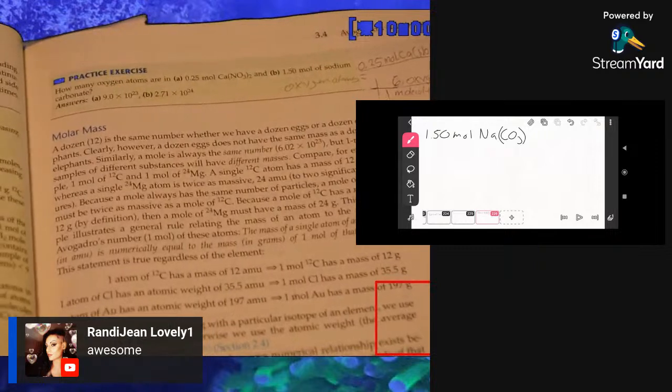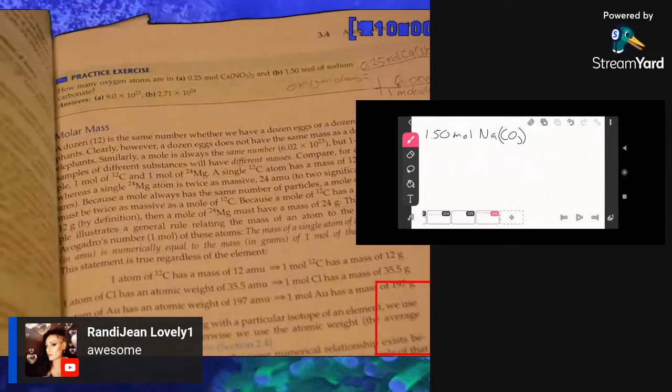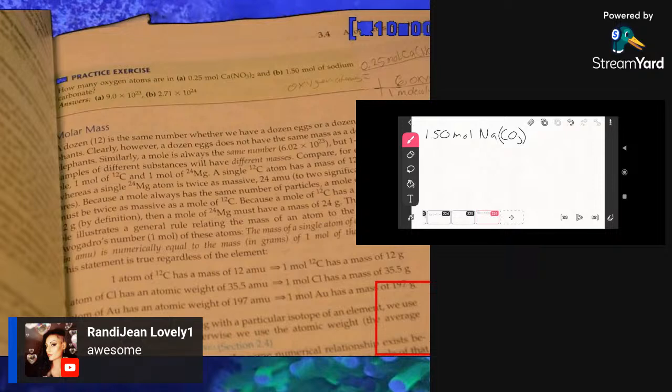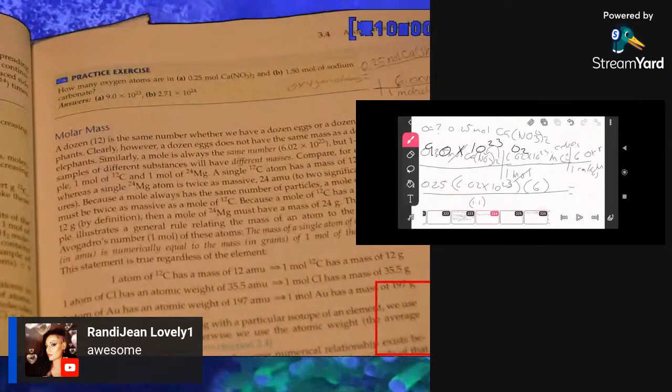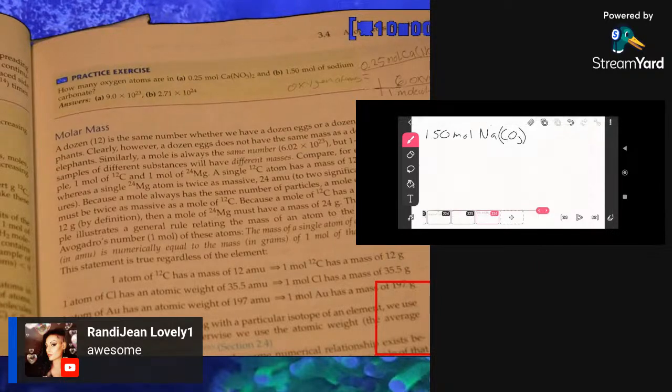Carbonate, hold on, let me look at the periodic table. Yeah, so sodium has a +1 charge, and carbonate apparently has a -1 charge also. Mostly because calcium has a +2 charge on the periodic table, and sodium has a +1. So I'm assuming this is a -1, but I'm just assuming.